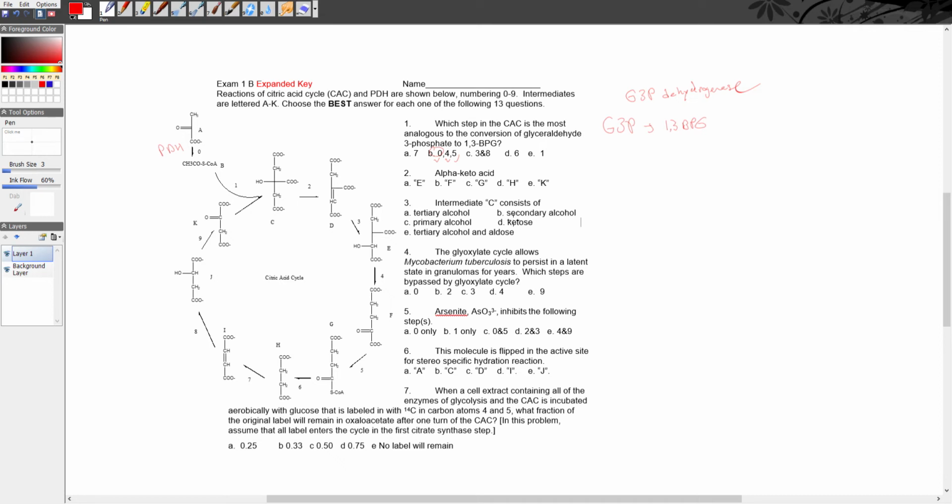Number 2, alpha keto acids. Which ones are alpha keto acids? By an organic chemistry definition, if you Google what is an alpha keto acid, it's a compound that has a ketone group right next to a carboxyl group.